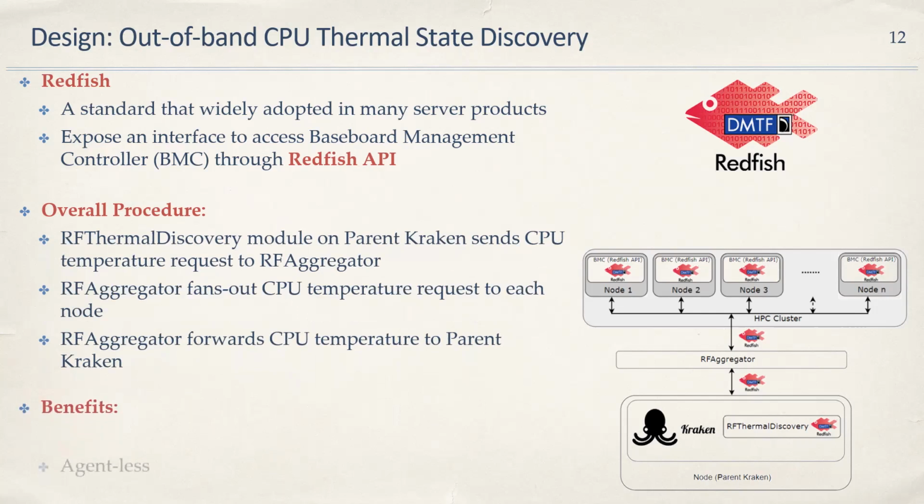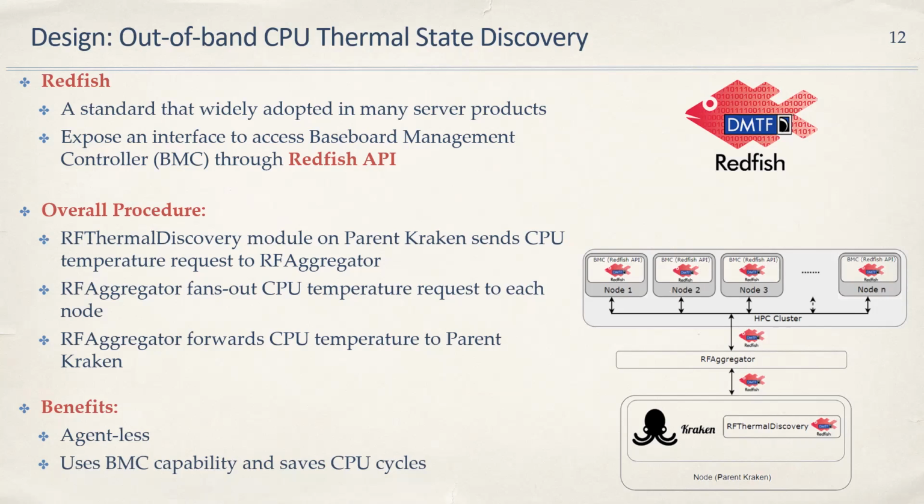So what are the benefits of doing it this way? Right now there is no child Kraken, and no need for any on-node Kraken module, so it is very clean and agentless. Second, because we are using the BMC capability to acquire the CPU temperature, the node's resources are not used in executing any Kraken module or child Kraken.